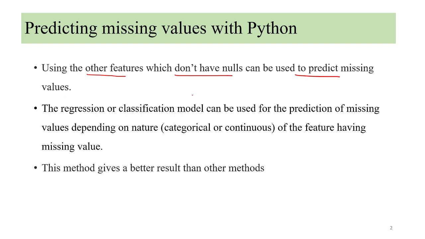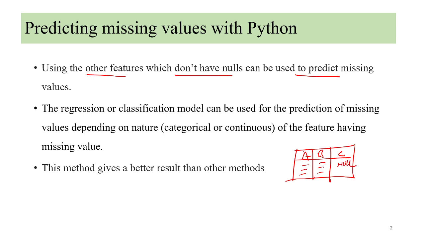Which means if you take a simple dataset, for example column A, column B, column C. Suppose this data has no missing values in A and B, and only column C has missing values, meaning null values.